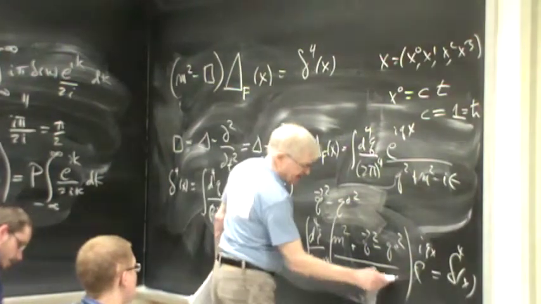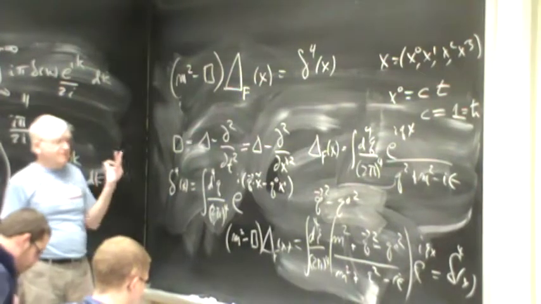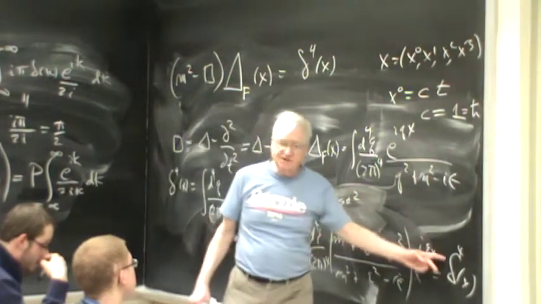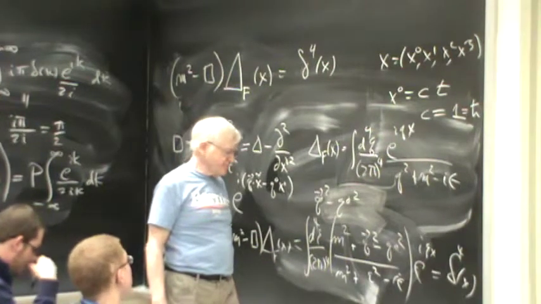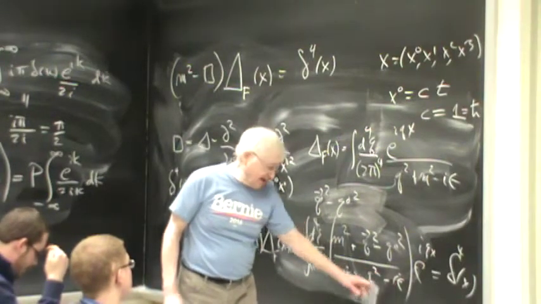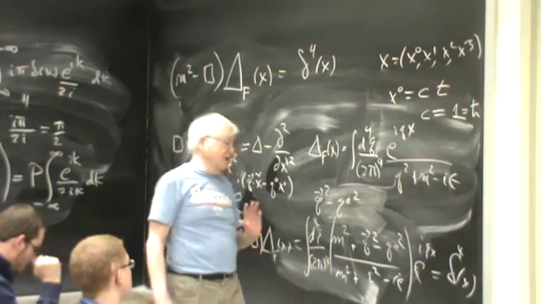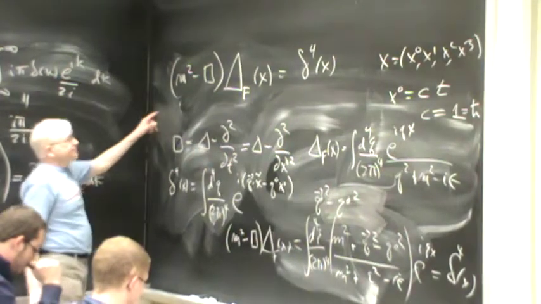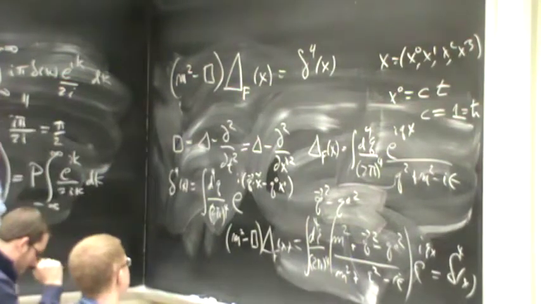And I left out this minus i epsilon there. And so what I'm saying is that apart from the minus i epsilon, this is obviously a solution. The only time you have to be careful about the minus i epsilon is when q squared is equal to minus m squared. So you need to pay attention there. But apart from that, you're getting delta of x.